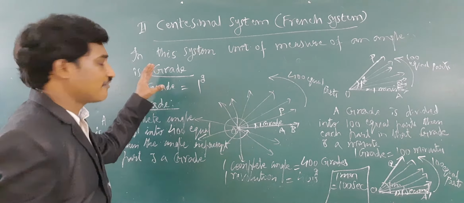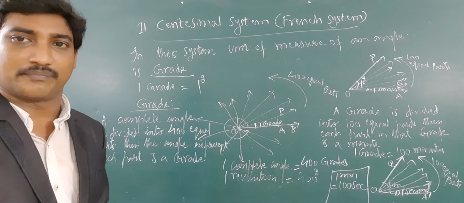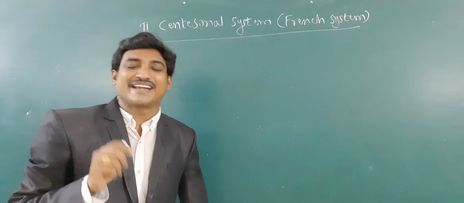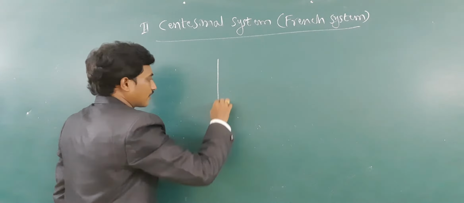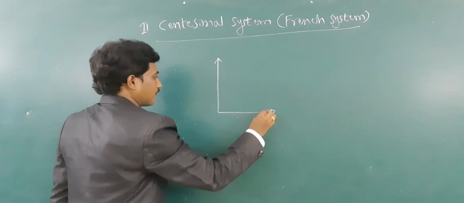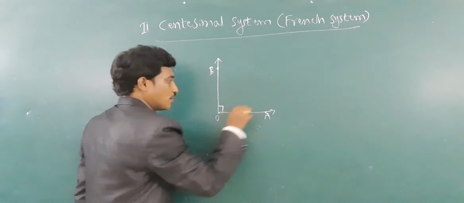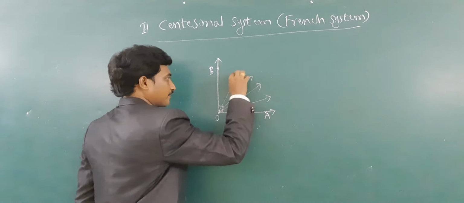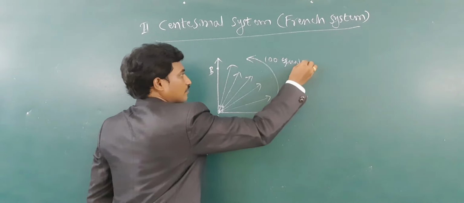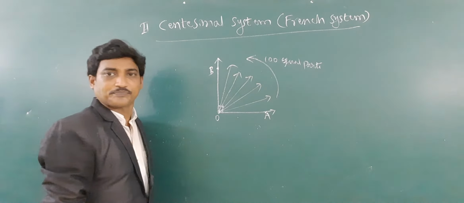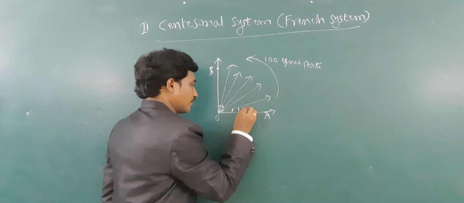We can define a grade based on a right angle. Here, a right angle is divided into 100 equal parts. Then each part represents a grade.